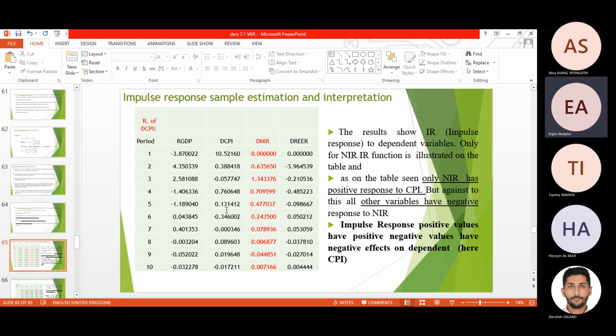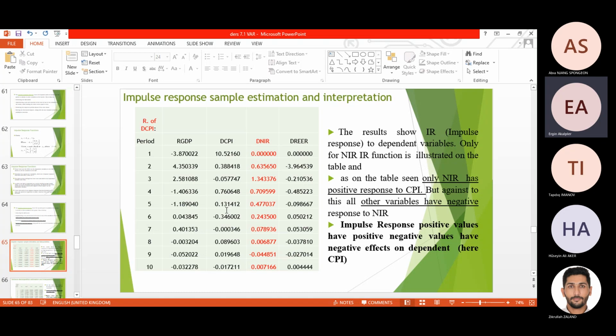And as you see, the negative and positive signs indicate the impact on the dependent variable. The nominal interest rate has a positive response to the consumer price index, but for all other variables, as you see, there are some negative signs, and this is an indication that there is a negative relationship and impact on the consumer price index.